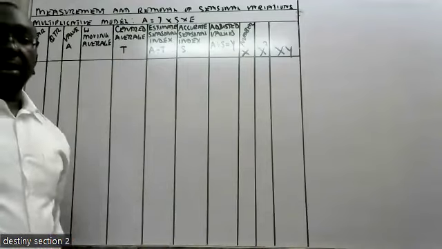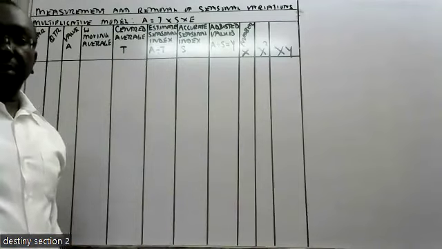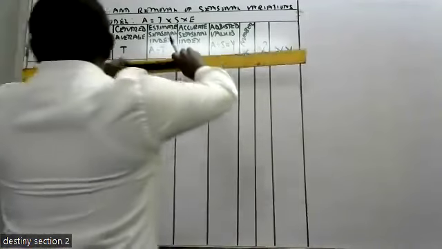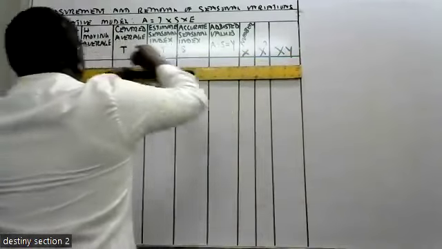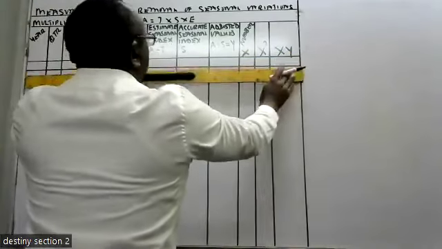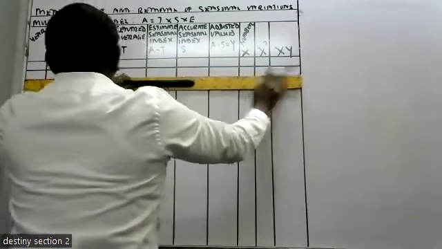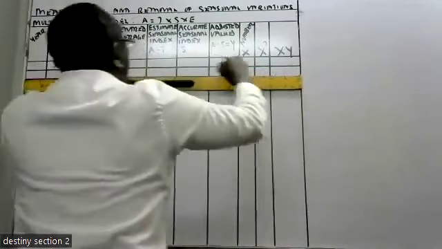Now, what I shall do, I'm going to divide my book, but for you, you will not, because your book is already subdivided. In other words, I'm going to draw lines. Your book is already ruled, so you don't have to do like I'm doing.